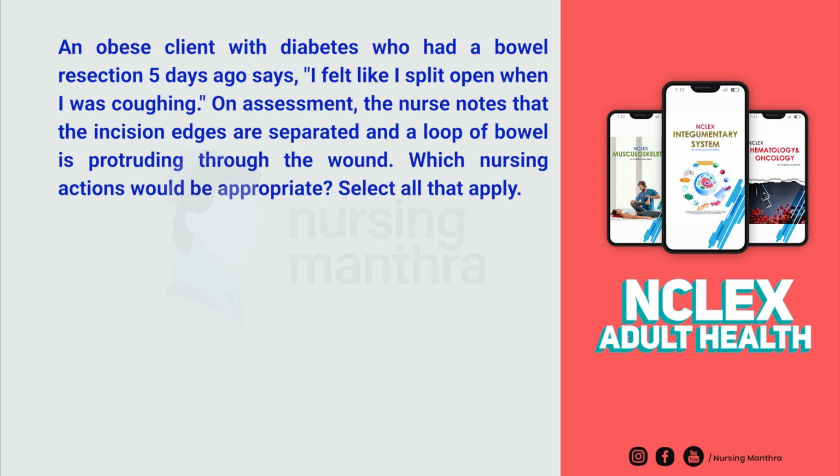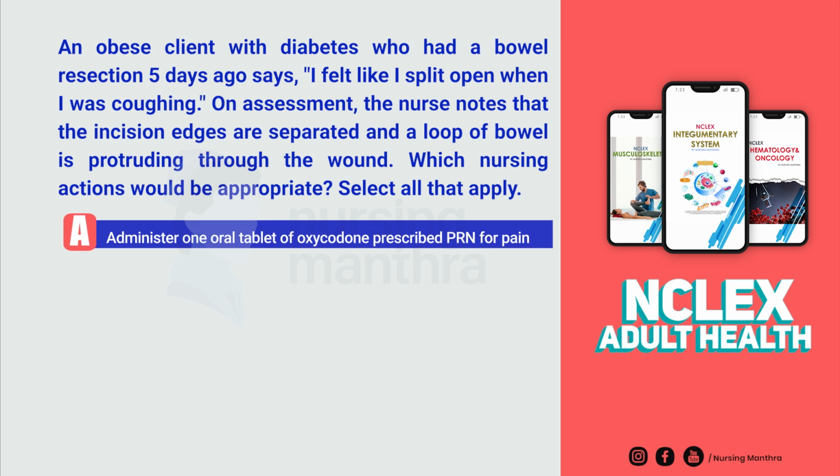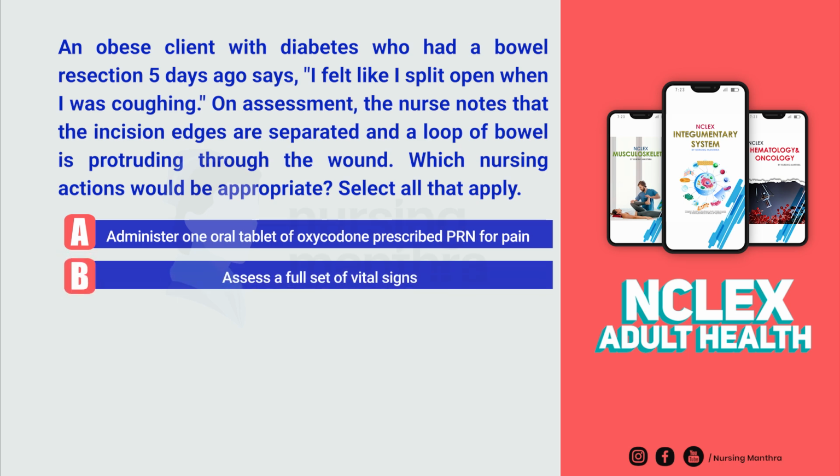Select all that apply. So here the question is a SATA model question. The options given here: Option A, administer one oral tablet of oxycodone prescribed PRN for pain. Option B, assess a full set of vital signs.